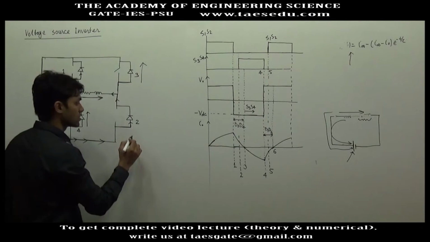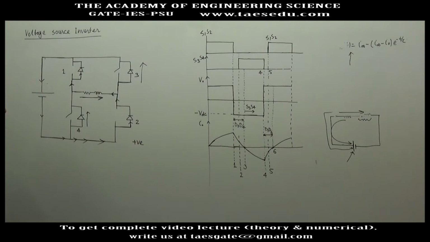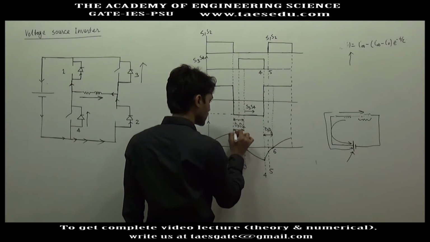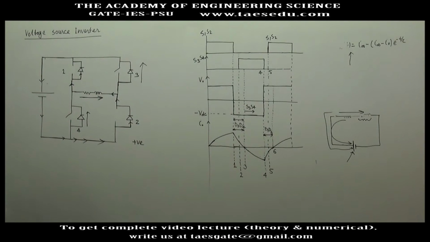This is a positive current. So D3, D4 will support positive current, and whenever D3, D4 conduct, output voltage is negative. So voltage is negative but current is positive. So whenever D3, D4 are conducting, voltage and current are of opposite sign.